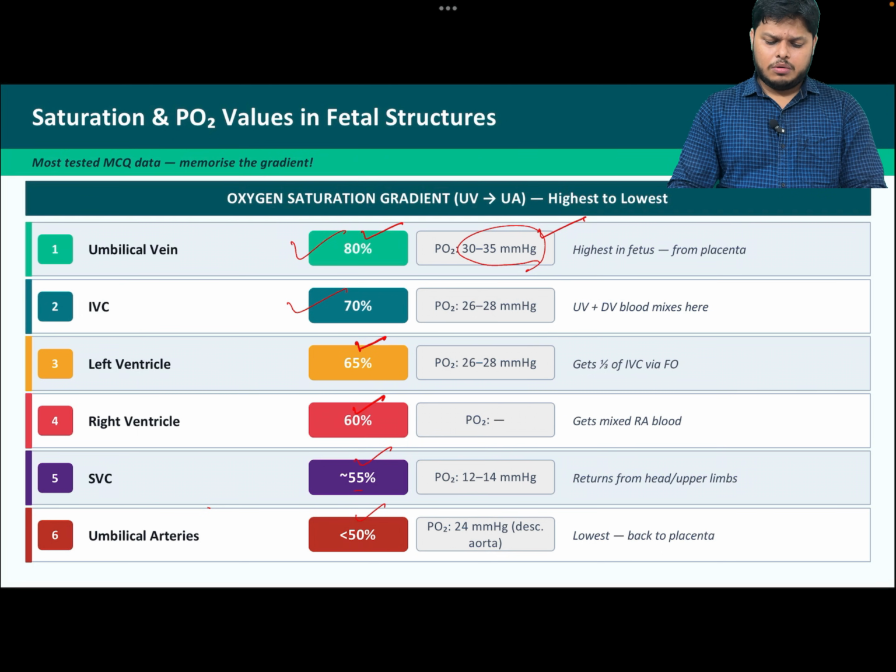You understood the oxygenation sequence, but the numbers you have to mug up. So partial pressure of oxygen is 30 to 35 mmHg in the umbilical vein and gradually decreases, 26 to 28, then superior vena cava 12 to 14, and in the descending aorta 24.